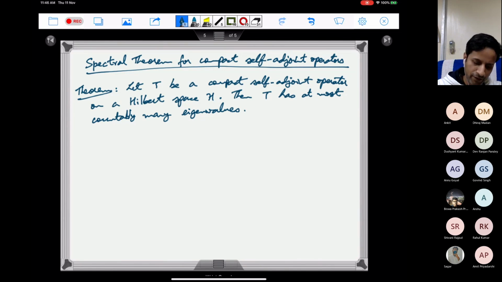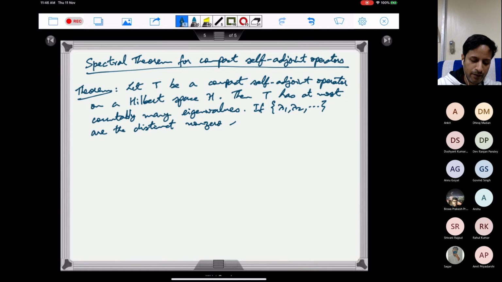And if we write the distinct non-zero eigenvalues of T as lambda 1, lambda 2, and so on, in fact, because this is self-adjoint, we know that these lambda i's are all real. So these are real numbers.